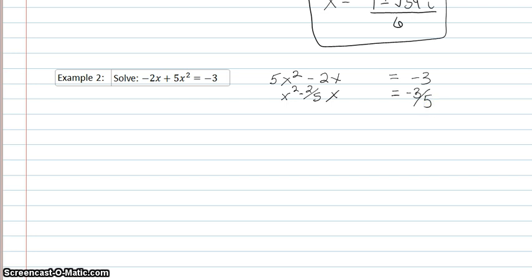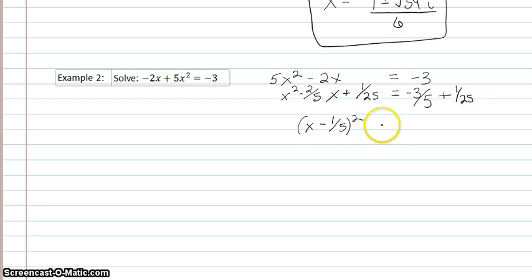Okay, and now I take half of negative 2/5, so it would be negative 2/10, which would simplify to 1/5. I'll go ahead and write that as x minus 1/5 squared. And then I square the 1/5, and that'll be plus 1/25, and then plus 1/25.